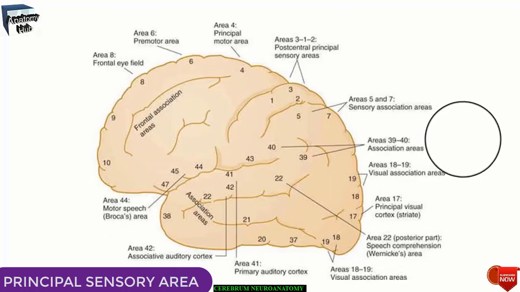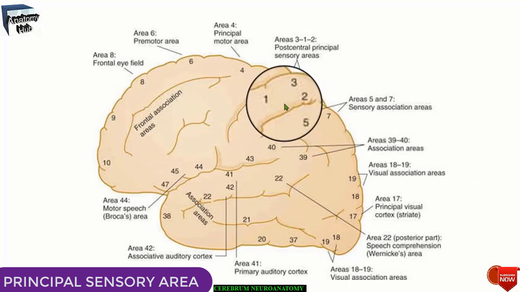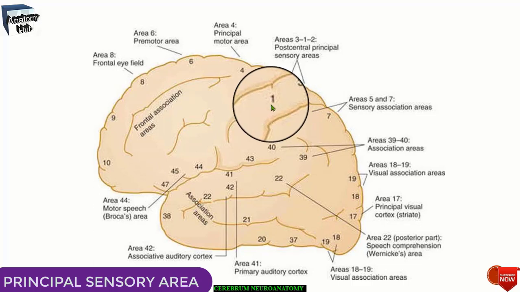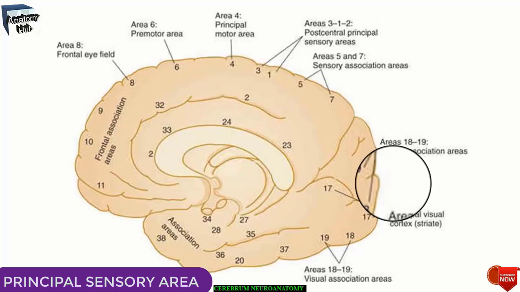Like that, here you will find the primary sensory area. This primary sensory area is located in the postcentral gyrus and extends into the posterior part of the paracentral lobule on the medial surface of the hemisphere also.